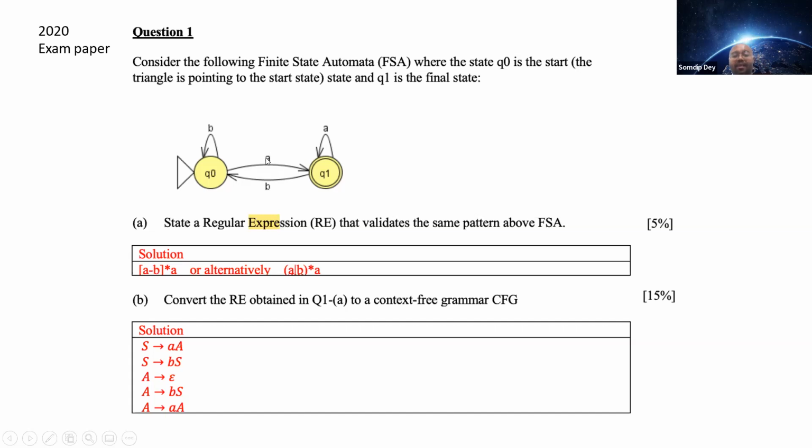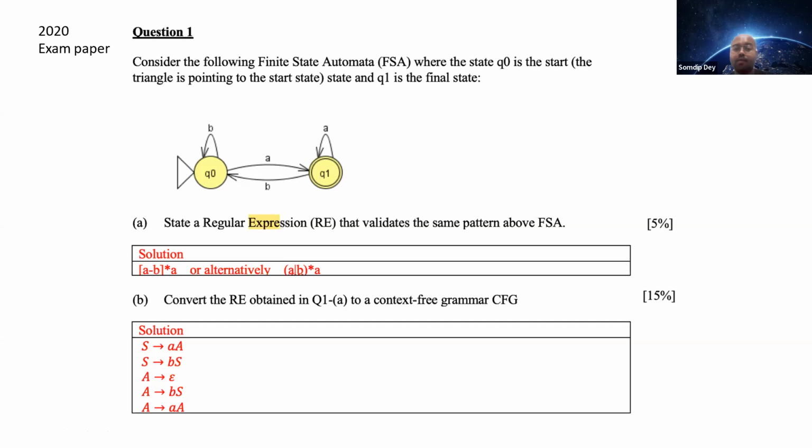So you might be asked, state a regular expression that validates the same pattern for this finite state automata. If that's the case, the solution is here, and you should already know that you can start from the start symbol, and depending on that, you can see what transitions are happening, and that will help you to create the regular expression, right?